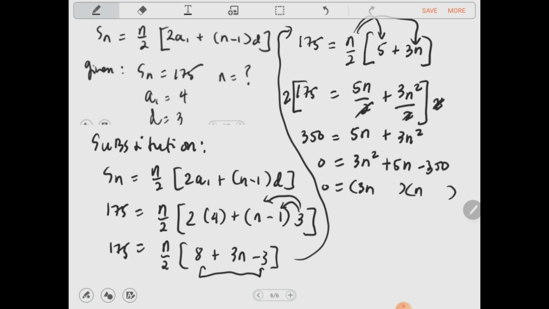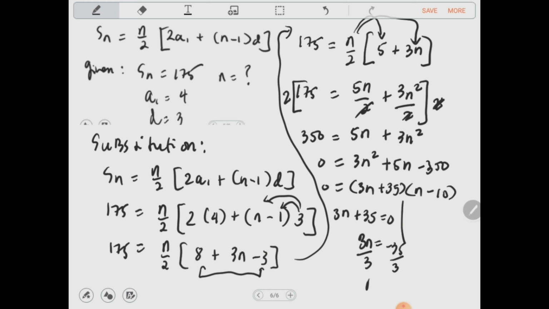So we are now going to solve for n. So those two factors should be equated to 0. We have the first factor, which is 3n plus 35 equals 0. But if we solve for n for this particular factor, we come up with a negative number. And we do not use negative numbers for n because we don't have a negative number of terms when it comes to a sequence.